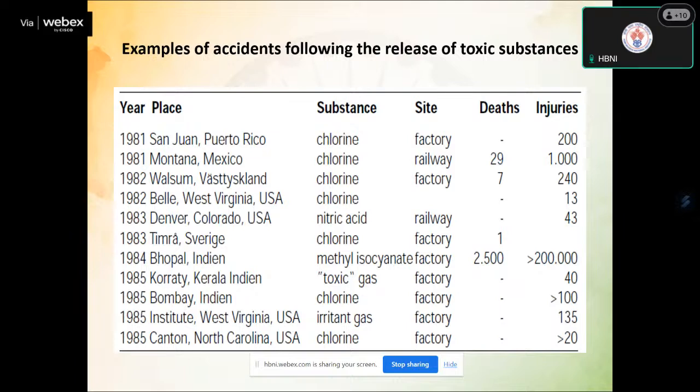I think we will start on this slide. You have all seen this slide: year, place, substance, site, deaths, injuries.